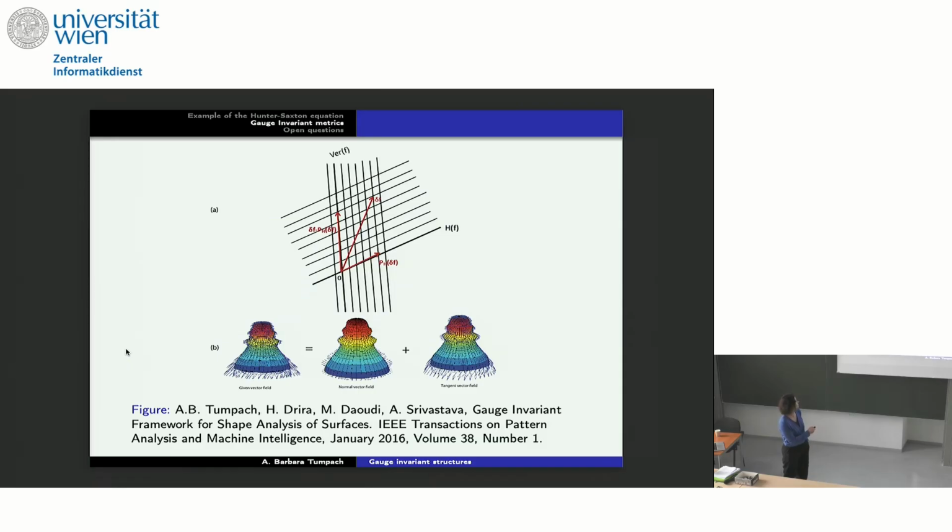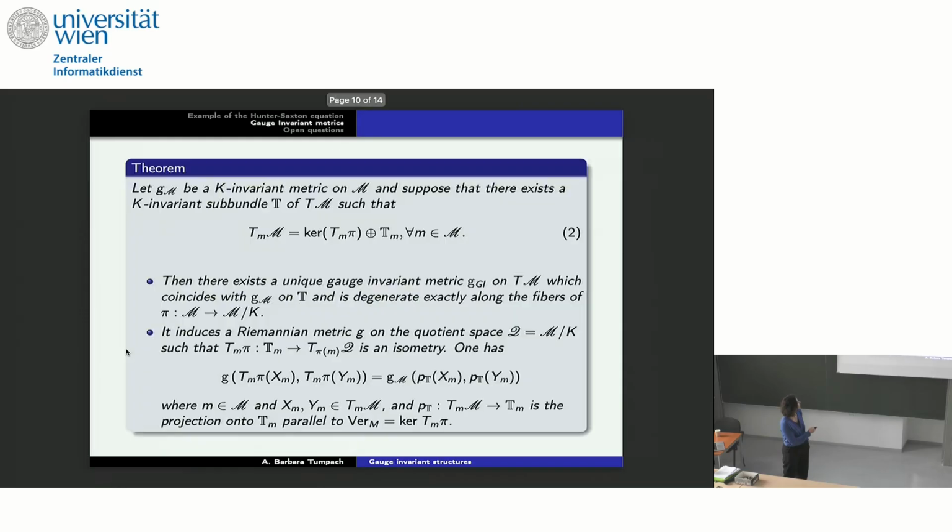This is an example, but perhaps before I go to this example, I give you this. Suppose you have a decomposition like this. The tangent space to M at a point decomposes into the vertical direction, which is the kernel of the differential of the projection, plus a transversal.